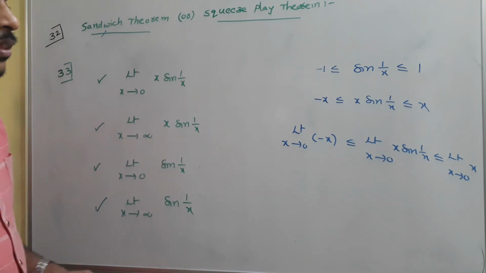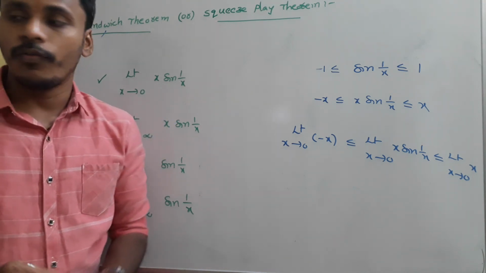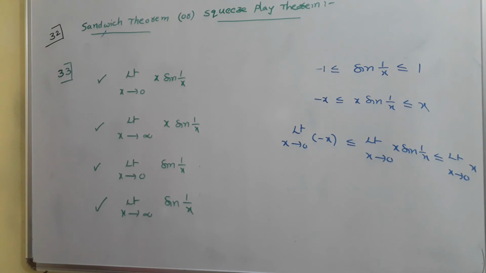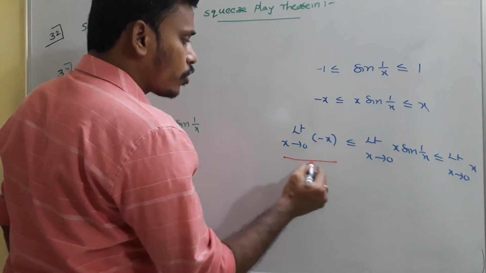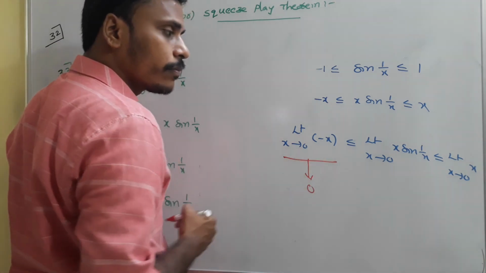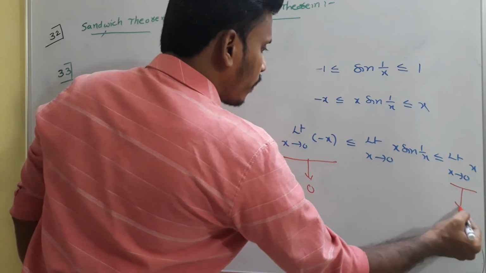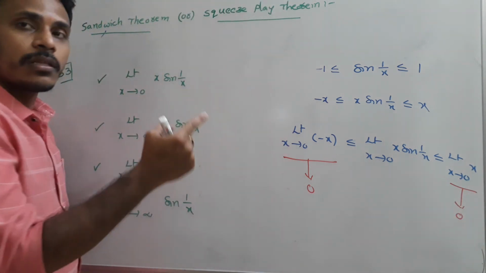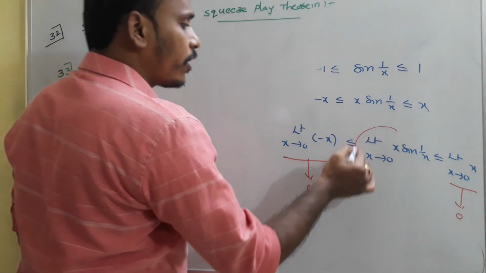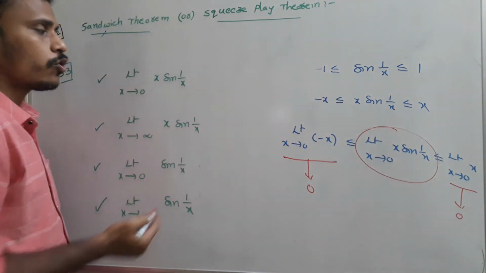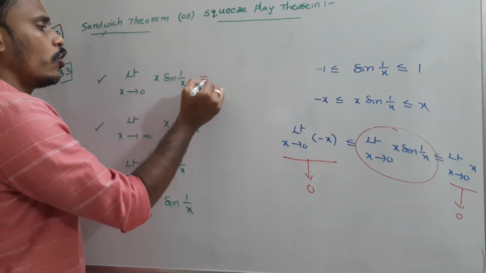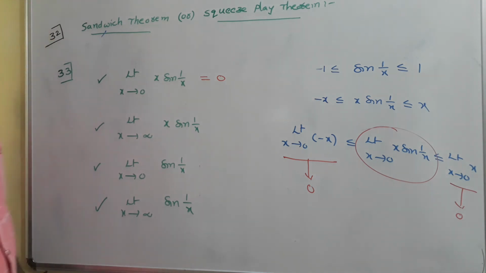We have a chance to write it this way also, but previously we didn't mention that. The left one, limit x tends to 0 of minus x, is 0, and limit x tends to 0 of x is 0. Since those two are zeros, then for sure this limit is also 0. So limit x tends to 0, x sin 1 by x is 0.